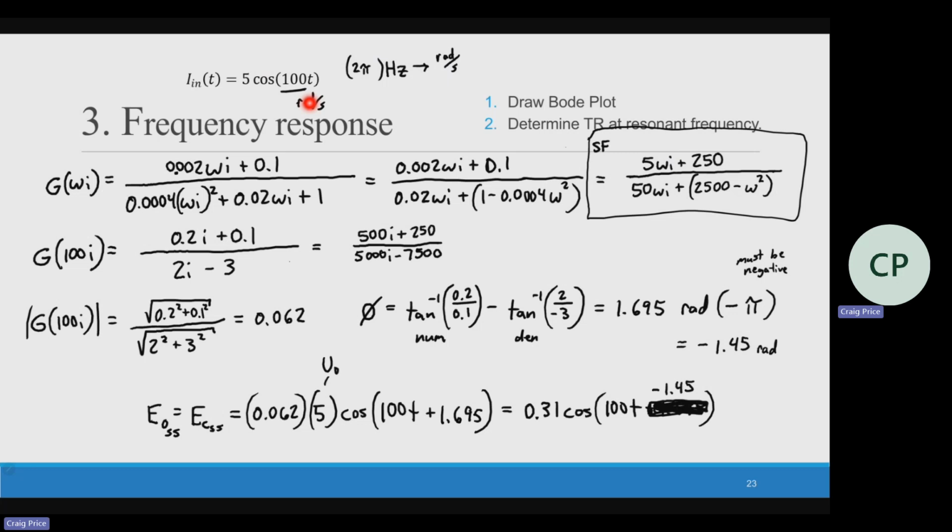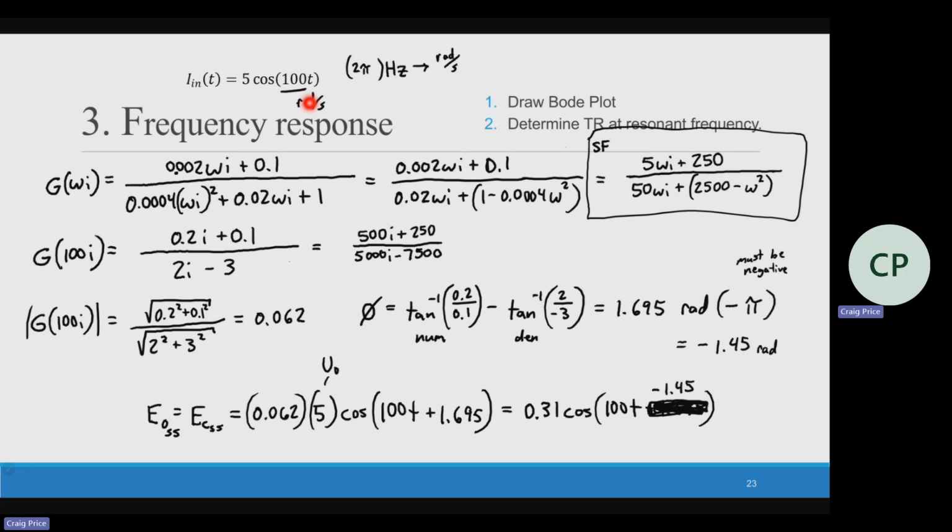When it comes to phase, we do numerator minus denominator. Now this is in the fourth quadrant right here. Or wait, no, this is second, because this is imaginary over real.